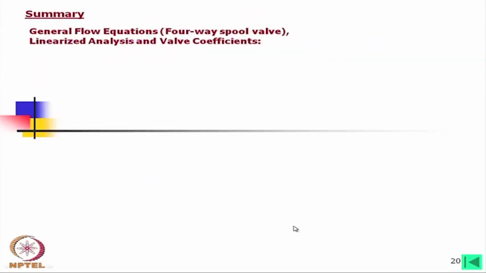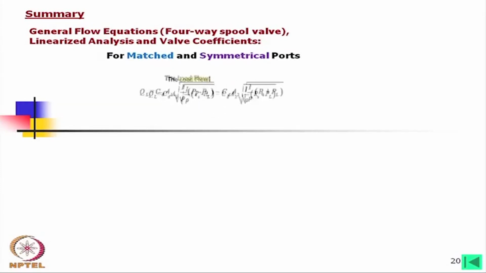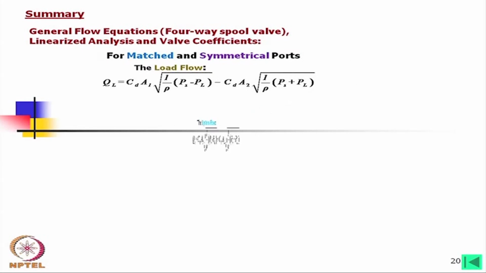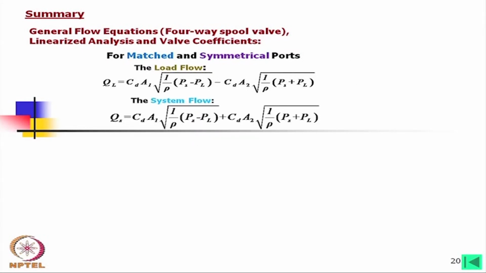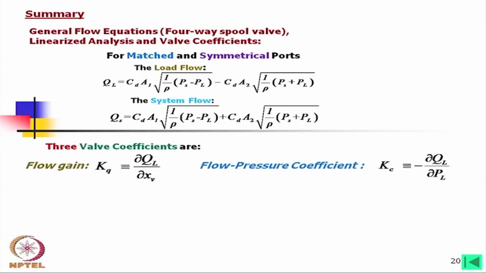So, in summary, the general flow equations and linear analysis valve coefficients: for the matched and symmetrical port, this is the load flow and this is the system flow. If possible, try to remember these equations. The valve coefficients are: this is the flow gain, this is the flow pressure coefficient, and this is the pressure sensitivity.